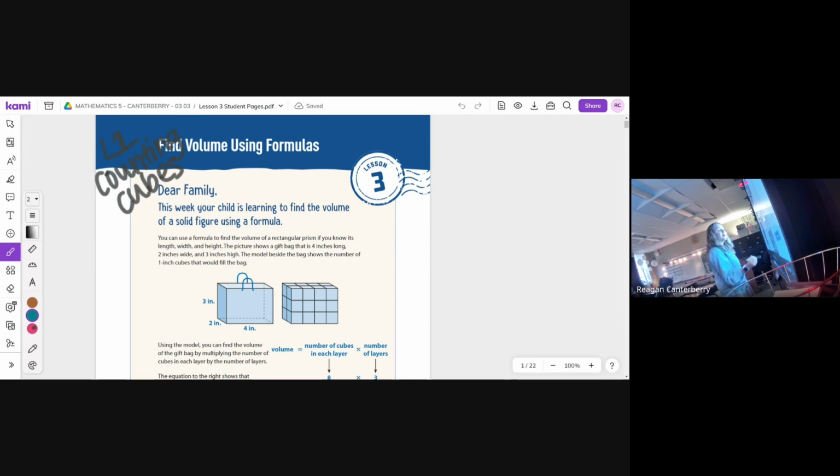And then we moved on to their second way to find volume, which was to find out how many layers were in the rectangular figure. Then they figured out how many blocks were in each layer. And they learned that you could multiply those numbers, the layers times the blocks, and that will give you the total volume.